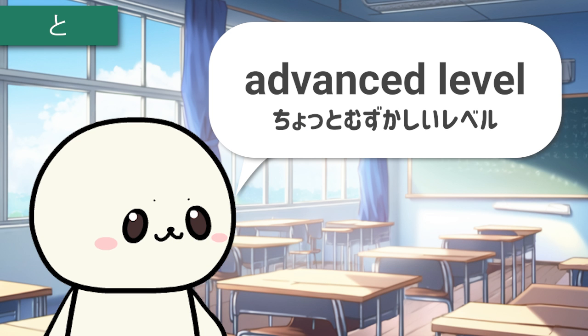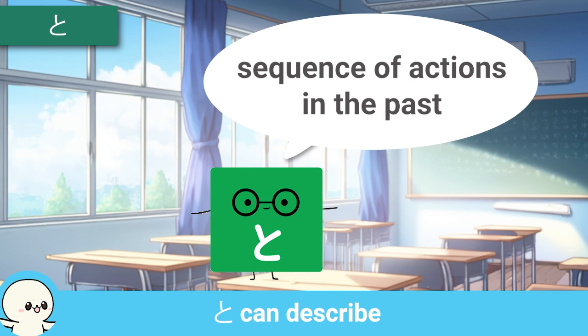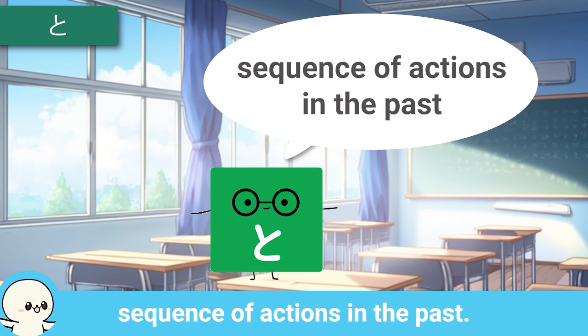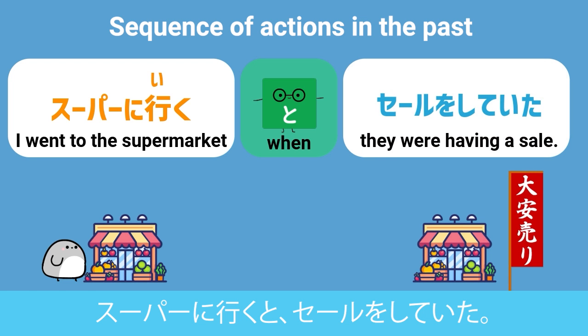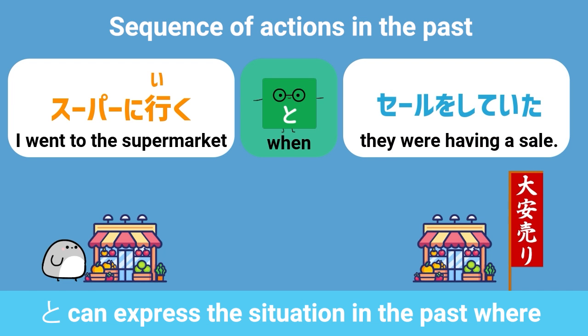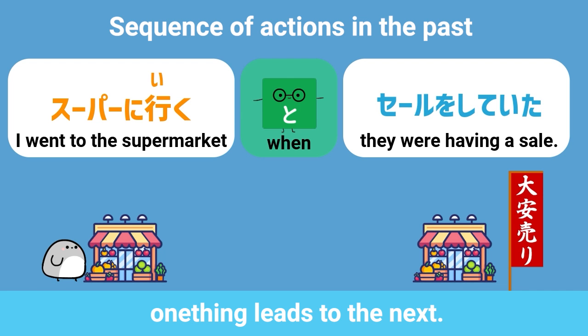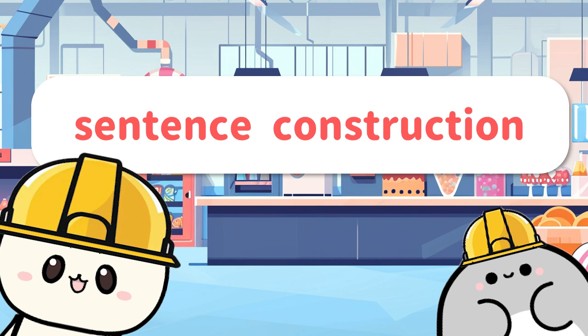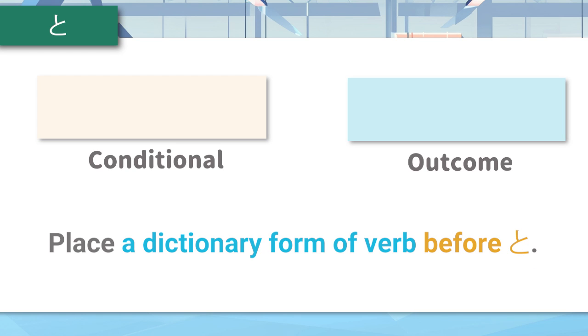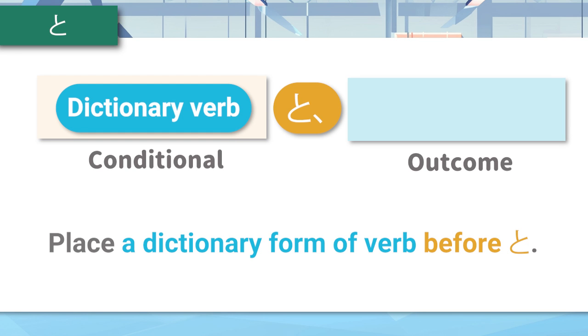Also, と can describe sequence of actions in the past. For example, スーパーに行くとセールをしていた. と can express the situation in the past where one thing leads to the next. Sentence construction. To make a sentence with the particle と place a dictionary form of verb before と.